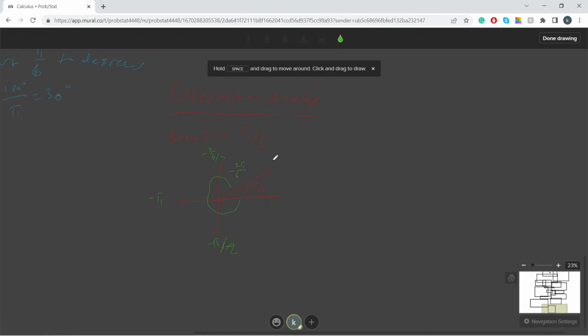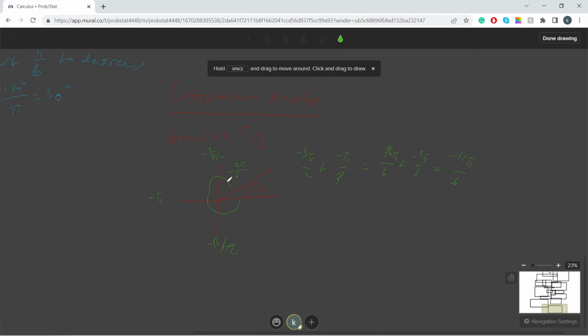So this angle shown in green is simply negative 3 pi over 2 plus negative pi over 3. And that's simply going to be equal to negative 9 pi over 6 plus negative 2 pi over 6. So this is going to be equal to negative 11 pi over 6.